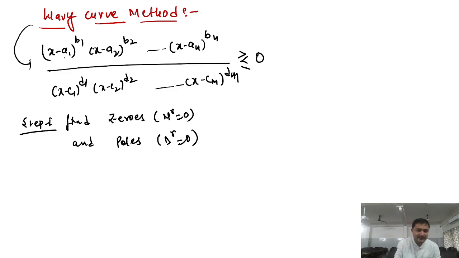Clearly you can see here, if I put x equal to a1, the numerator will become 0. So zeros are a1, a2, a3, up to an, right? Poles are c1, c2, c3, and so on up to cm, right? So those are the zeros and poles we have. Step 2.